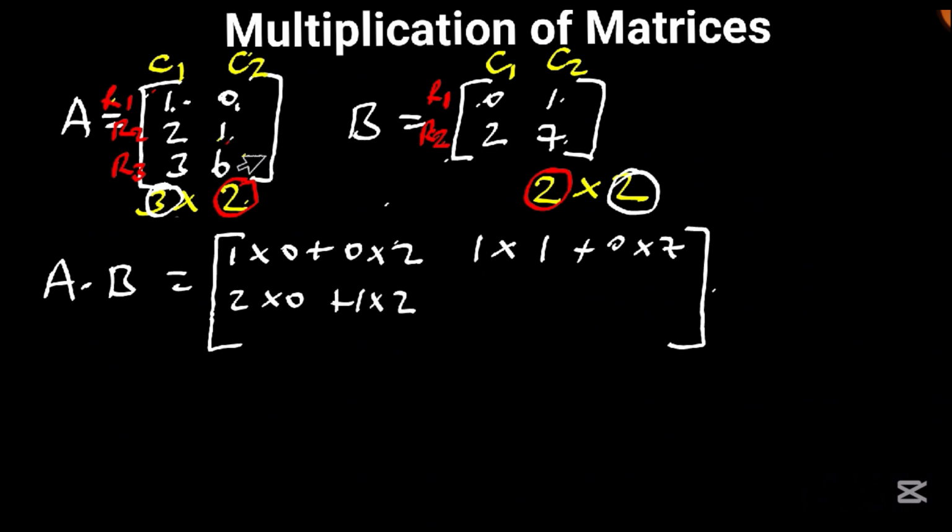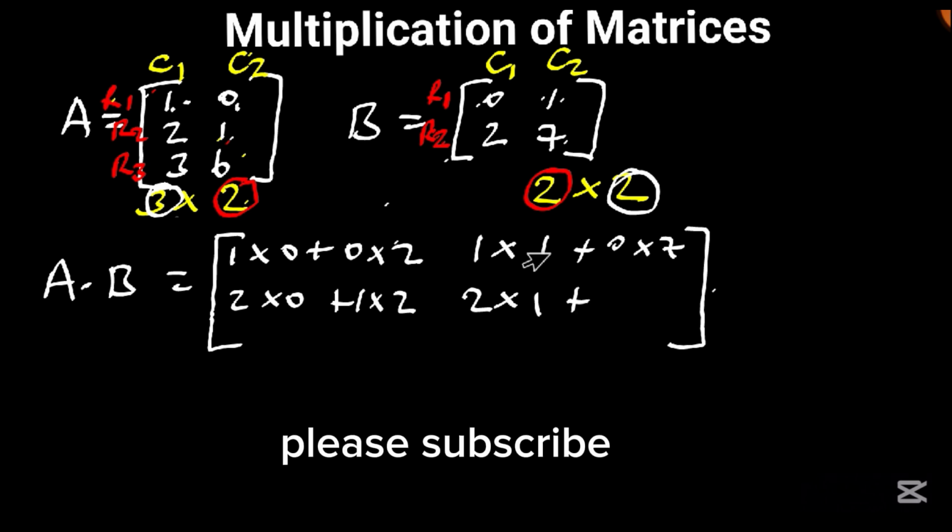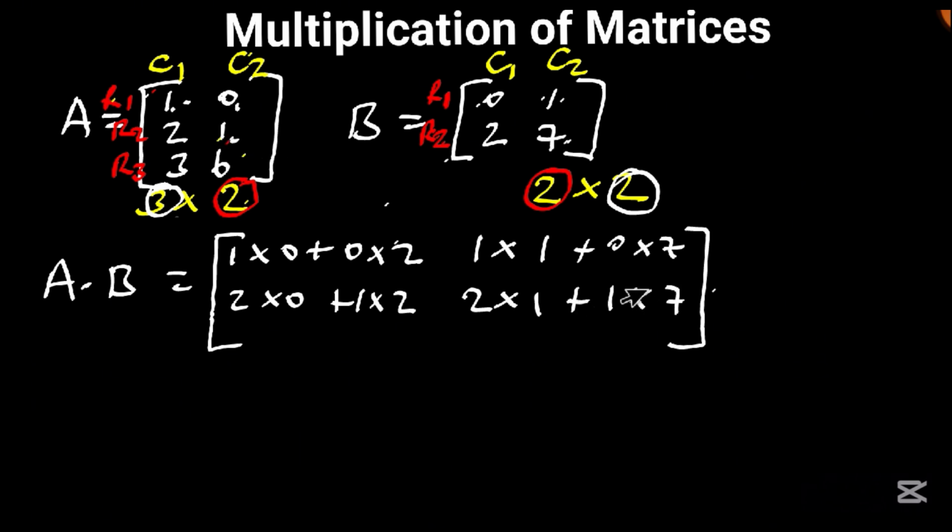Then for the second element of the second row, we have 2 times 1, plus 1 times 7. And lastly, we have 3 times 0, plus 6 times 2, and then 3 times 1, plus 6 times 7.